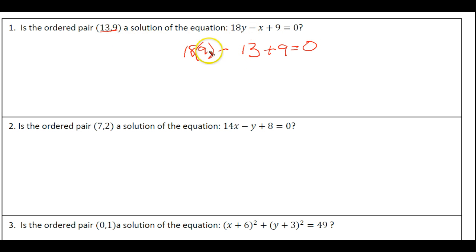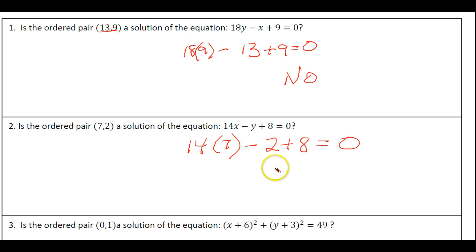Well, 18 times 9 is a rather big number, and that's not enough. So this one is going to be no. How about this one? Well, again, 14 times 7, which is our x value, minus 2 plus 8. Does that equal 0? Well, again, 14 times 7 is a really big number, so this one's no.